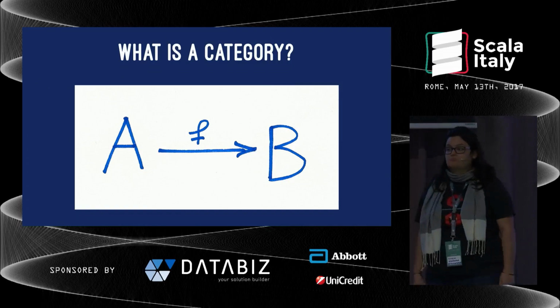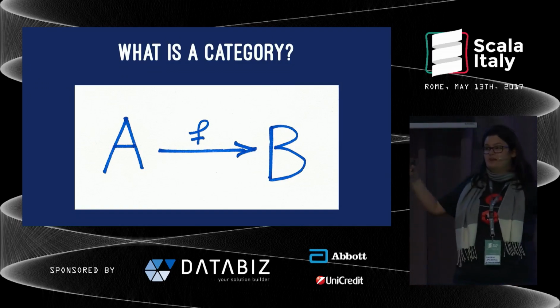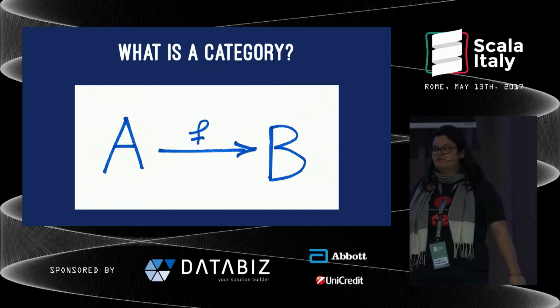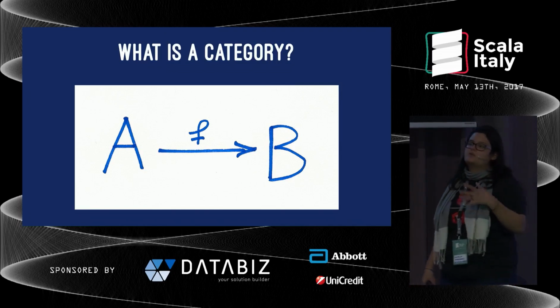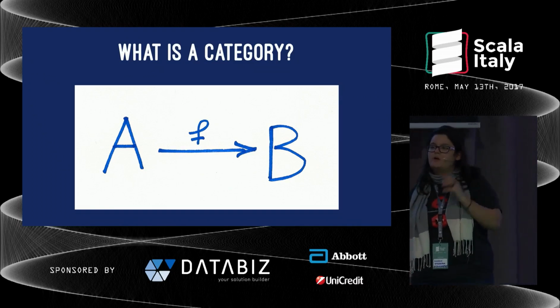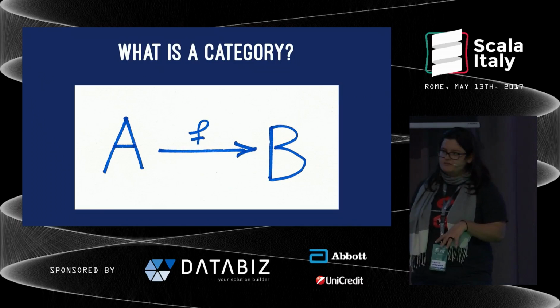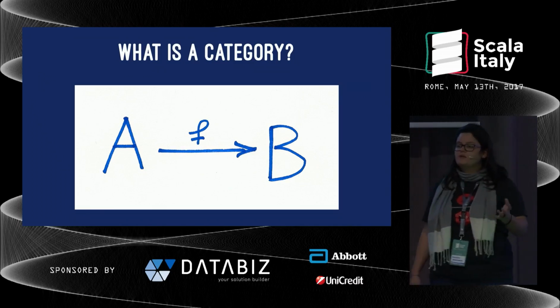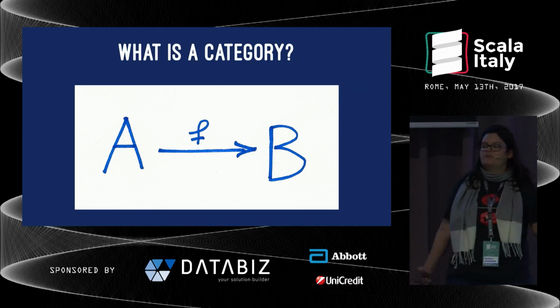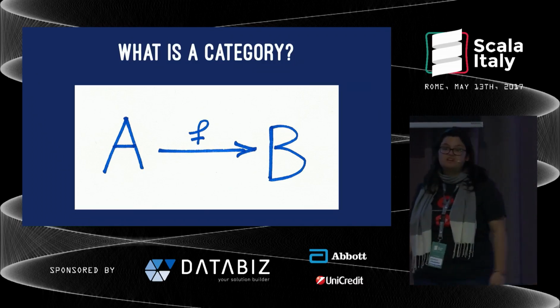What's an arrow? I don't know. It's just something that has a direction that points to objects. Obviously, we are programmers, so our task is actually a lot easier, because we are always going to focus on types and functions. But in theory, a category can be anything. So nothing too crazy, right?